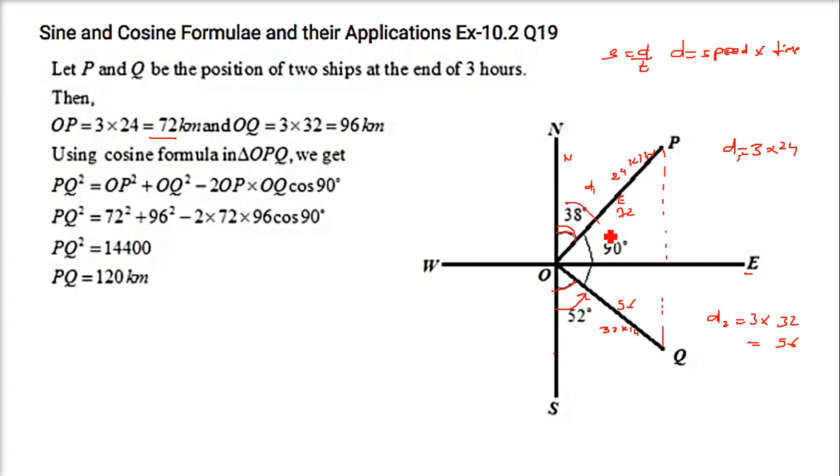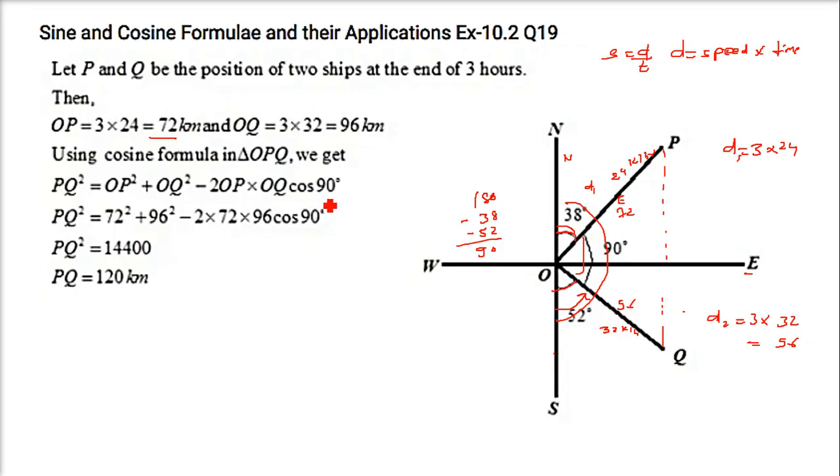So this whole is 180 degrees. So 180 minus 38 minus 52, what do you get? You get 90 degrees. So this is 90 degrees. Now we can use the cos formula. Simply, PQ square will be equal to OP square plus OQ square minus 2 OP OQ cos theta, which is here 90 degrees. But cos 90 is what?